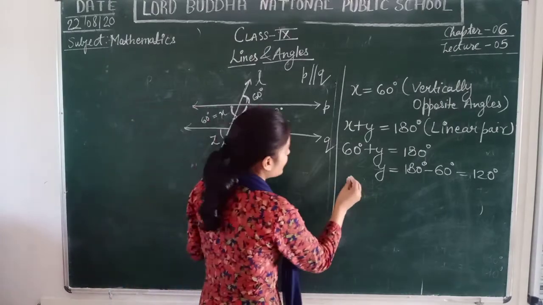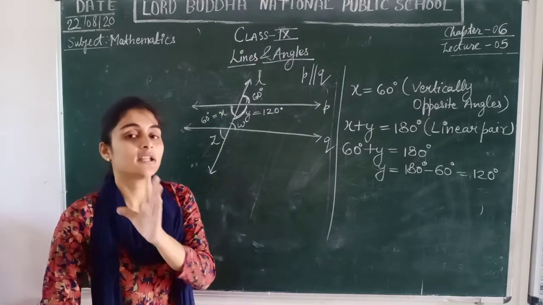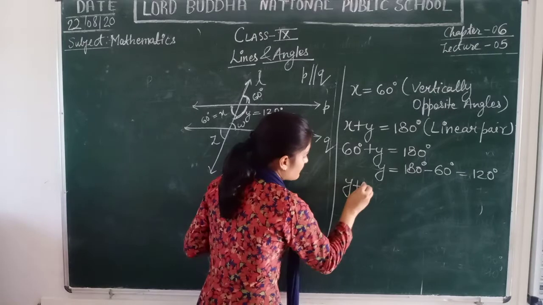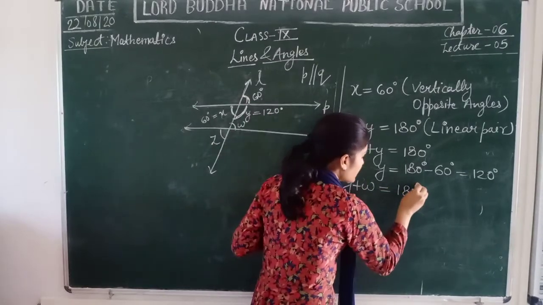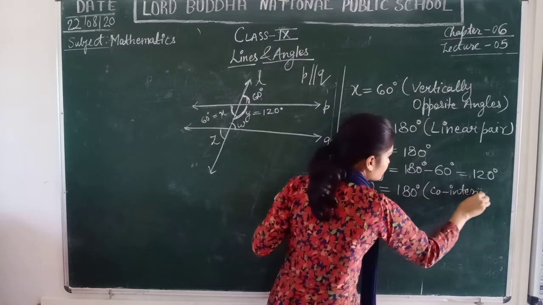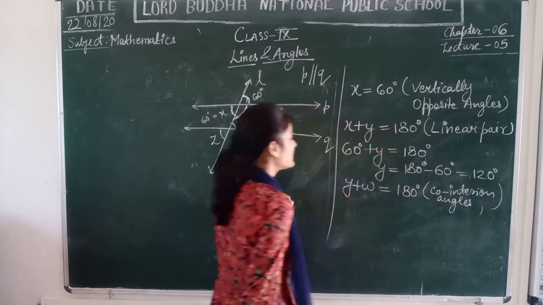So you will write, and co-interior angles की property क्या होती है? They sum up to 180 degrees, right? You will write Y plus W equals to what? 180 degrees. The reason is co-interior angles.